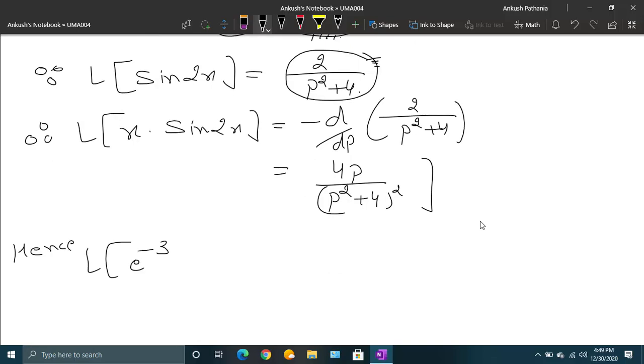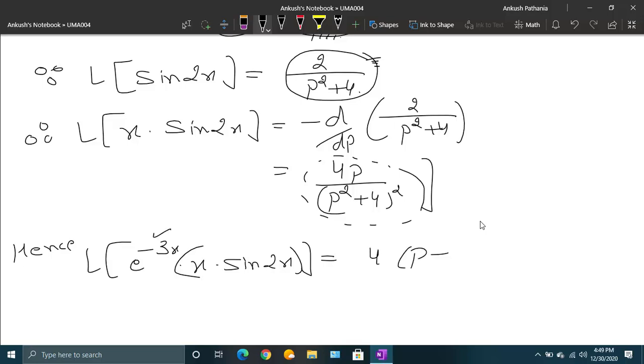Hence the Laplace of e raised to power minus 3x·x·sine 2x is simply whatever you have got as the Laplace of this function, where you change p to p plus 3, because here a is minus 3. So you replace p by p plus 3, giving 4(p plus 3) upon ((p plus 3) whole square plus 4) whole square.